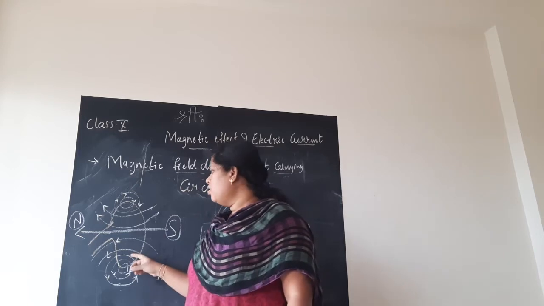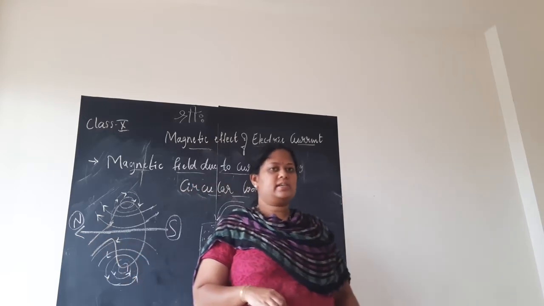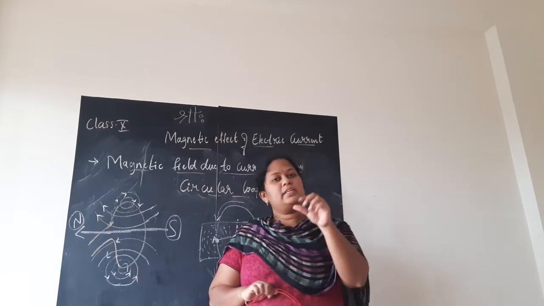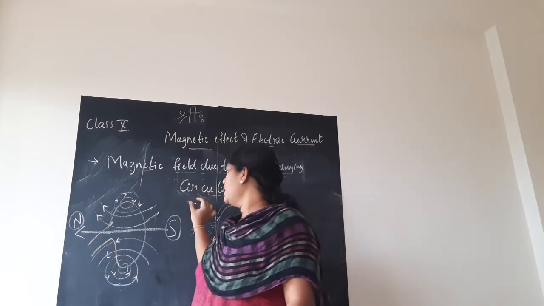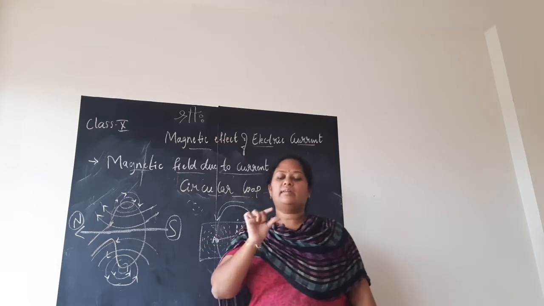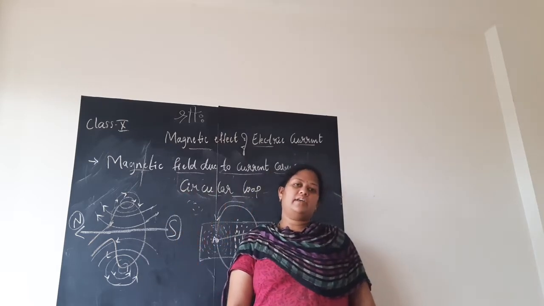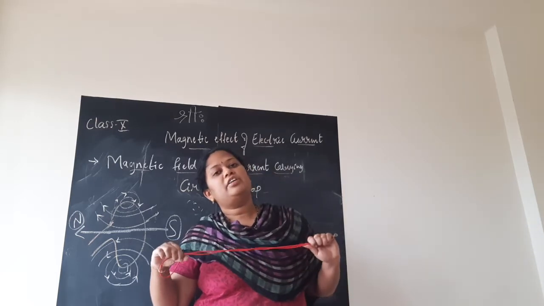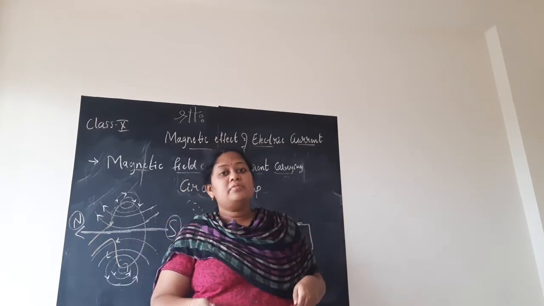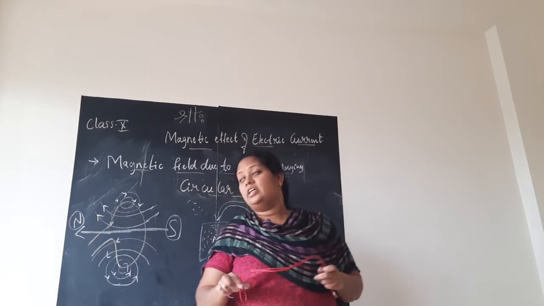Now, we all know from the previous activity that when we place the magnetic compass on the concentric circles, as we move the position of the magnetic compass away from the wire, what happened? The deflection went on reducing, means the magnetic field strength goes on reducing. It is inversely proportional. Yes, no?